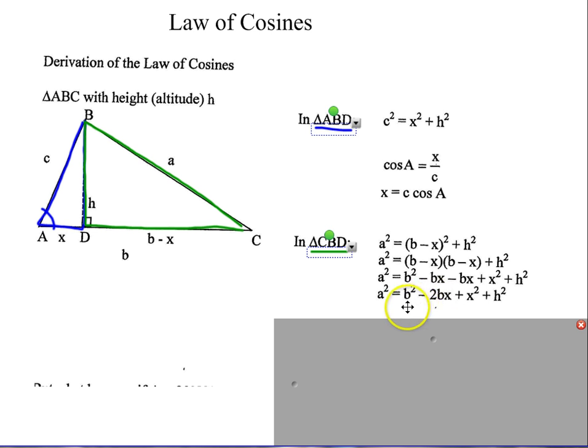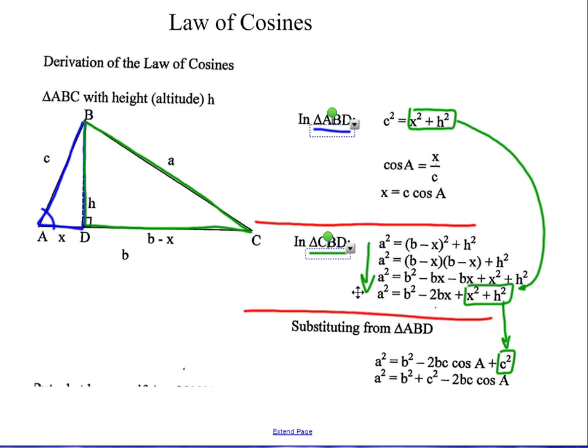Now we're ready to combine the stuff we know so far. We're going to substitute in place of this x squared plus h squared something that's equal to it. c squared is equal to x squared plus h squared, so in place of that we're going to put in a c squared.